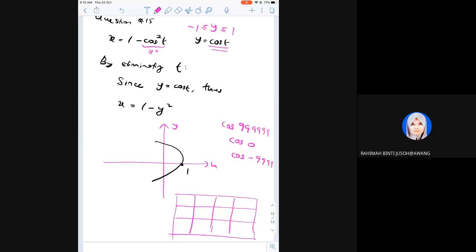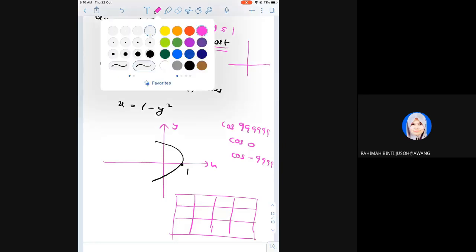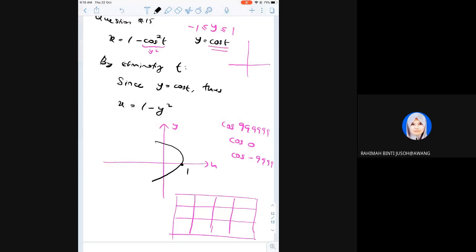Sebab graf cos, you all belajar dulu masa sekolah menengah. Cos dia macam gini. Cos 0 is 1. Right? So dia tak boleh lebih. Betul tak?